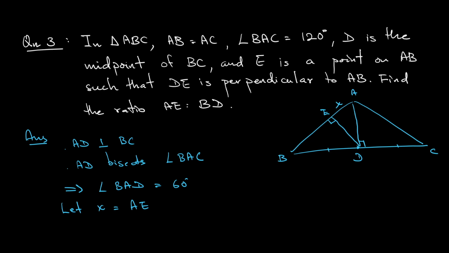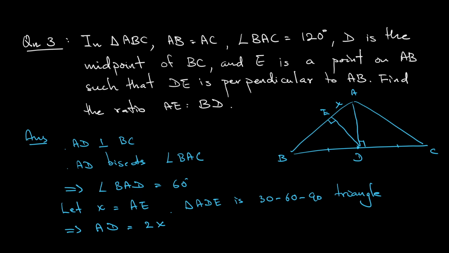Okay, so let me write it down. Triangle ADE is a 30, 60, 90 triangle. Or some of you may call it half of an equilateral triangle. Right. So from here, we can say that AD, which is the hypotenuse, would be twice of AE, the shortest side. And AE we already denoted as x, so AD is equal to 2x.